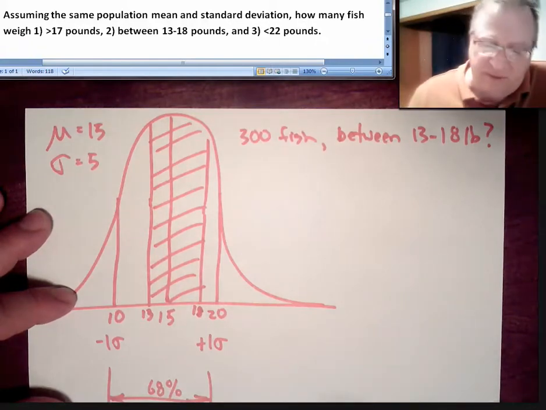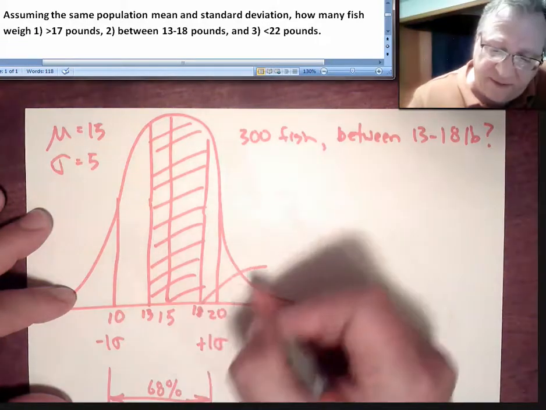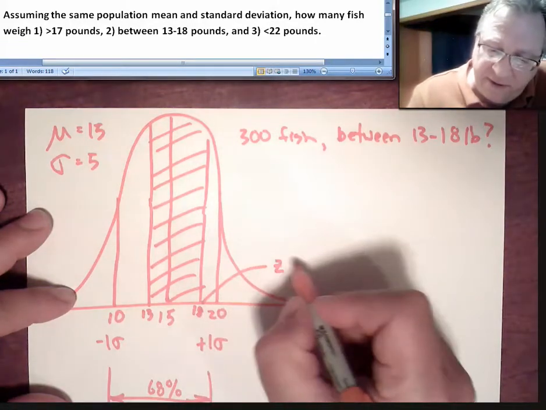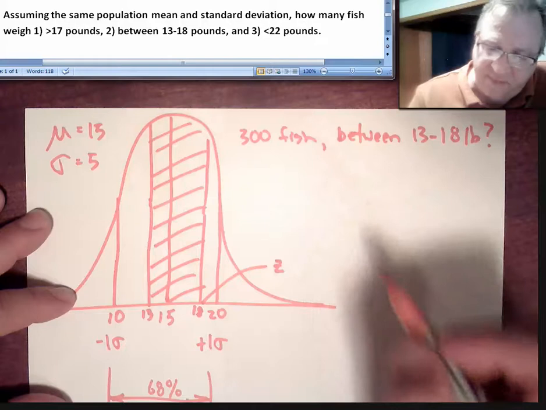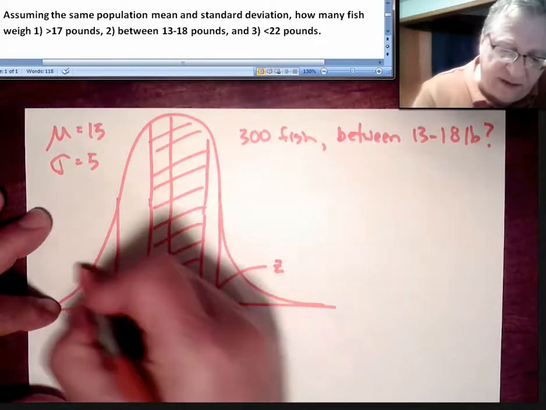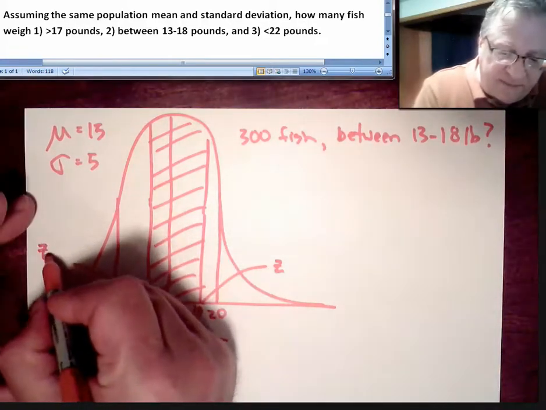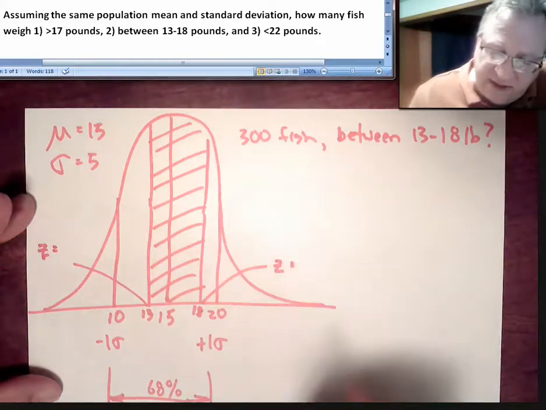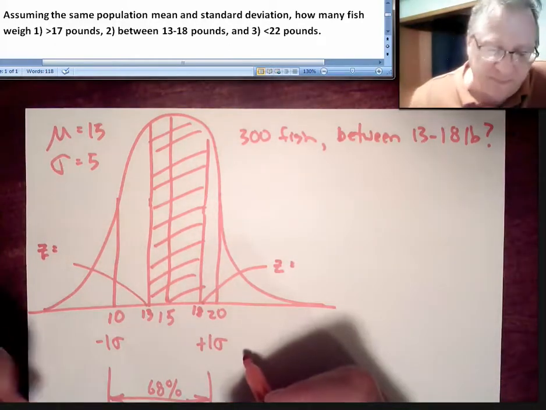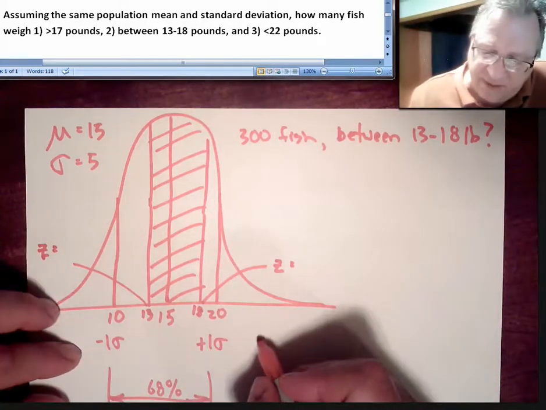Well, what are we going to do this time? First, we're going to calculate some z-scores. We know we're going to have to do that. So, z. We're going to have one there, and one there. Z equals. Let's do it for 13 pounds.